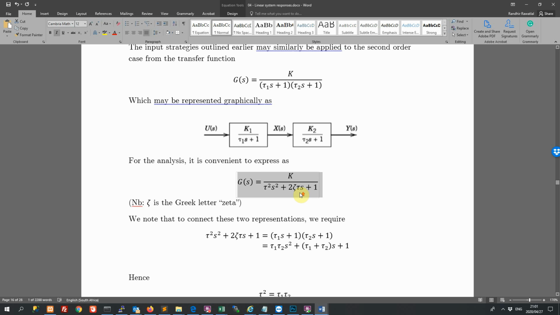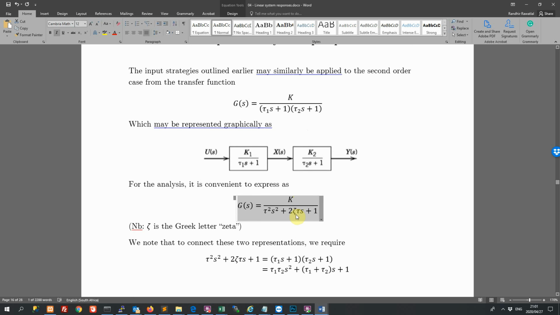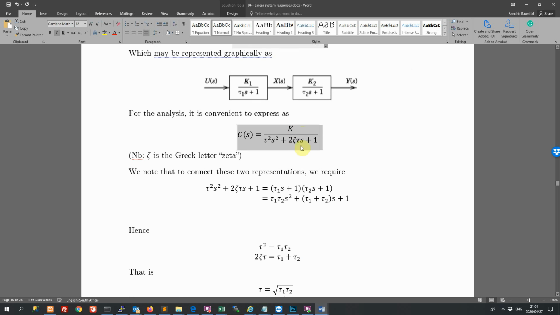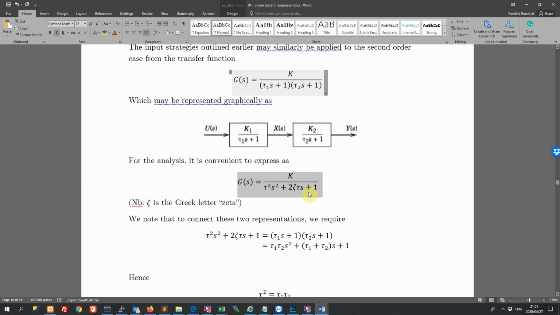Then we are also going to introduce a number zeta. So that's the Greek symbol zeta. And we just said the coefficient of s is going to be tau 1 plus tau 2. So we can say 2 zeta tau equals tau 1 plus tau 2. And then we don't do anything to the third term.